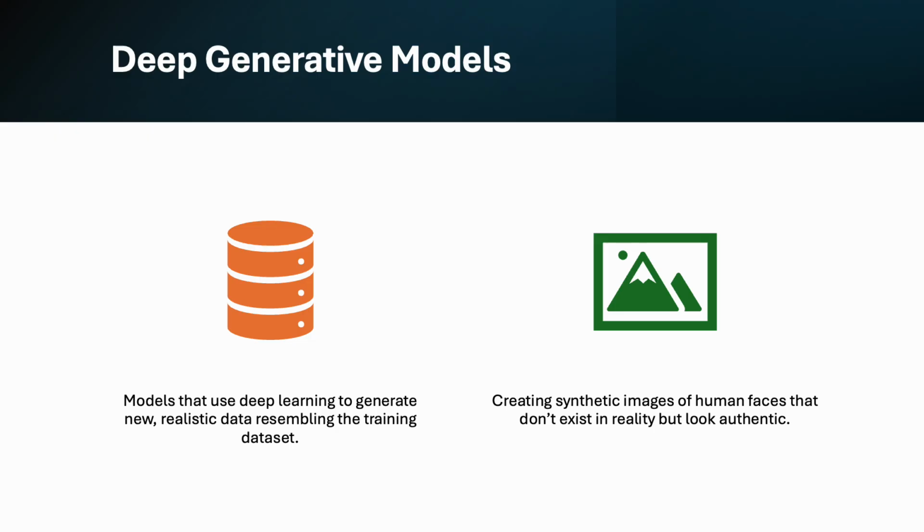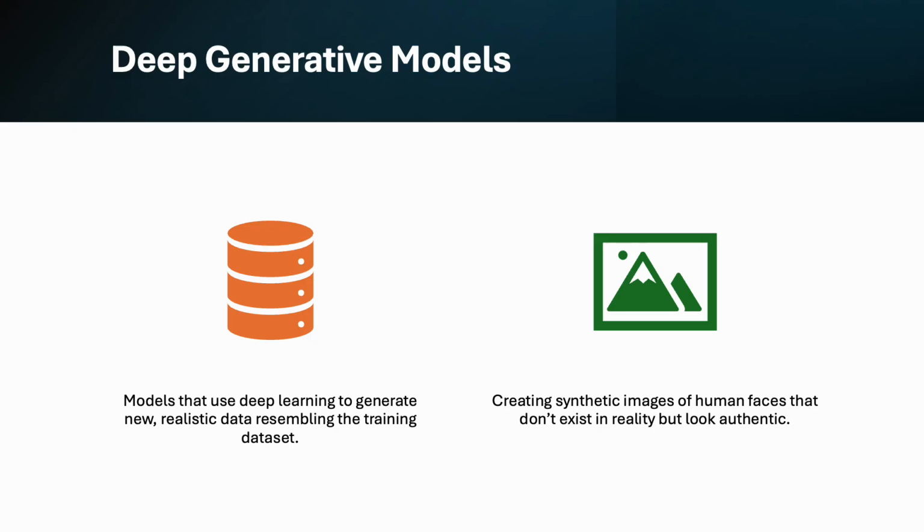These models, such as variational autoencoders and generative adversarial networks or GANs, leverage deep learning techniques to understand the underlying patterns in existing datasets and generate synthetic data that is often indistinguishable from real data. By doing so, they address critical challenges like data security, privacy concerns, and the need for robust testing environments.